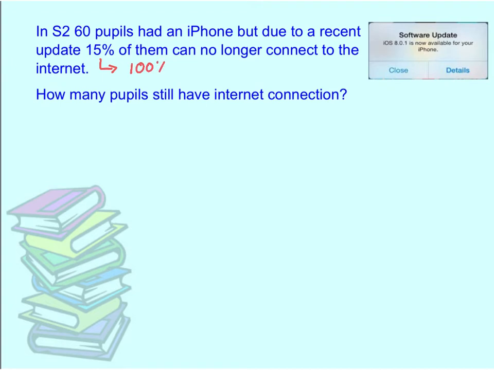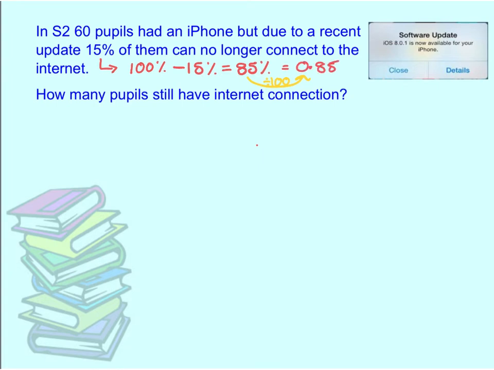Everyone together makes 100%. 15% of them don't have internet. That means that 85% of them have got internet. Change that to my multiplier by dividing by 100. And I get 0.85.